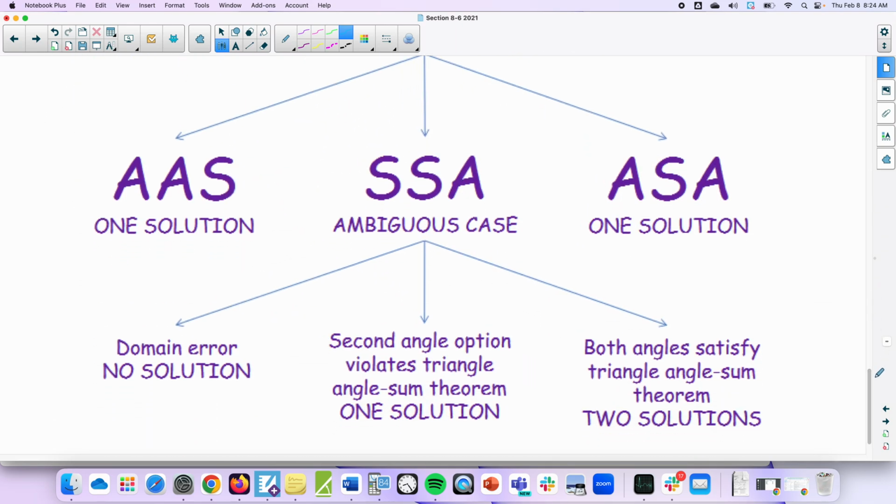You can get 3 different solutions, and it's kind of hard. So we don't teach this until you get to trig, okay? So we're only gonna work with angle, angle, side, and angle, side, angle. You'll learn this when you take college trig in high school.